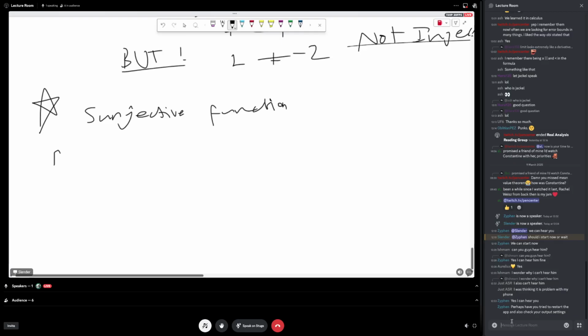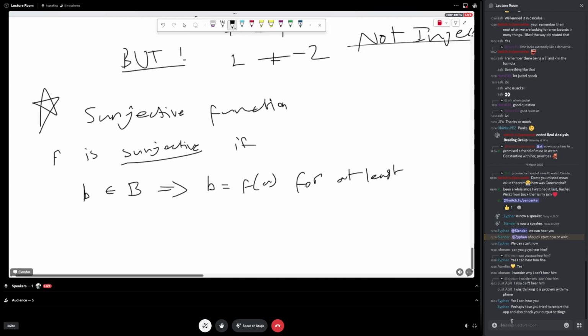So a function f is surjective if, let's say, we have some little b in the codomain, this implies b equals f of a for at least one a in the domain.